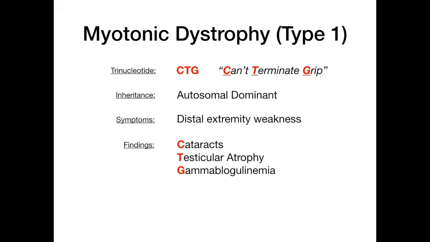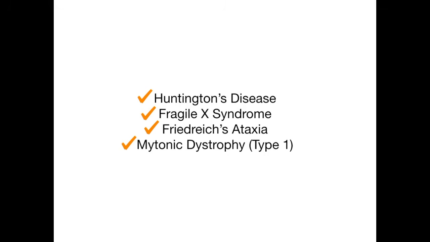CTG is the trinucleotide repeat for myotonic dystrophy type 1. And conveniently, all of the associated findings are also CTG: cataracts, testicular atrophy, and gammaglobulinemia, which is short for hypogammaglobulinemia. So that's myotonic dystrophy type 1, and now we've gone through each of the 4 trinucleotide repeats.